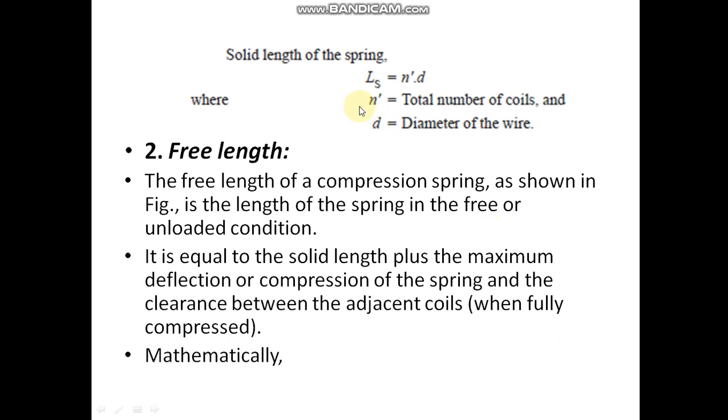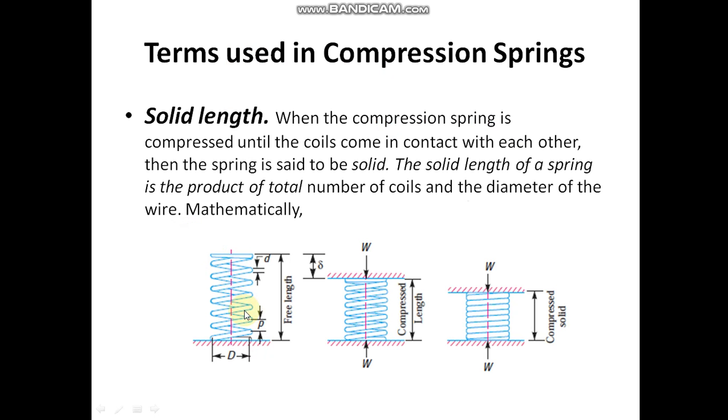So solid length Ls is n dash, the total number of coils, times d, the diameter of the wire. Second thing is, what is free length? Free length of a compression spring is the length of the spring in the free or unloaded condition. When we do not apply any force, the spring is fully open.